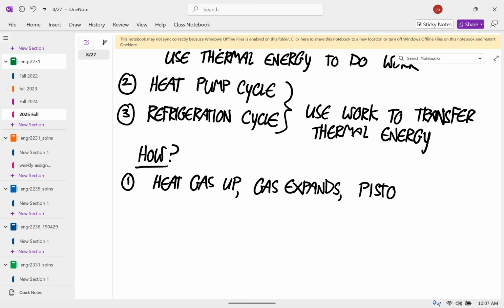It pushes out on the walls of the boundary. If it's a piston and cylinder, it pushes up on the piston. So let's just say a piston rises, and the result is that the gas does work on the surroundings.